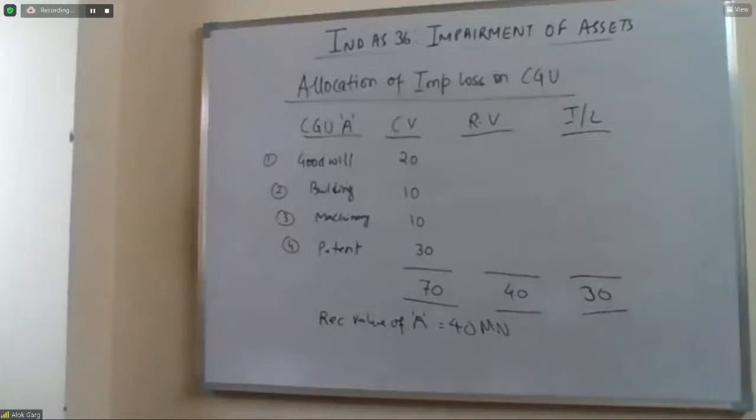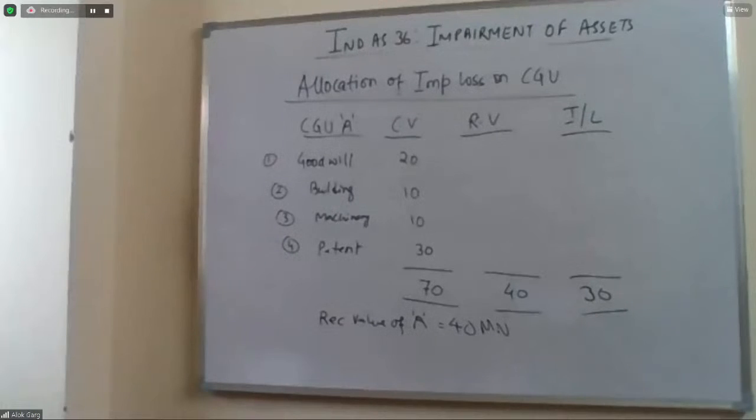Now how to allocate? Because in the balance sheet, this goodwill will be shown separately on the face of the balance sheet. This building and machinery will be shown as property, plant and equipment, and this patent will be shown as an intangible asset. These three items will be shown separately on the face of the balance sheet.